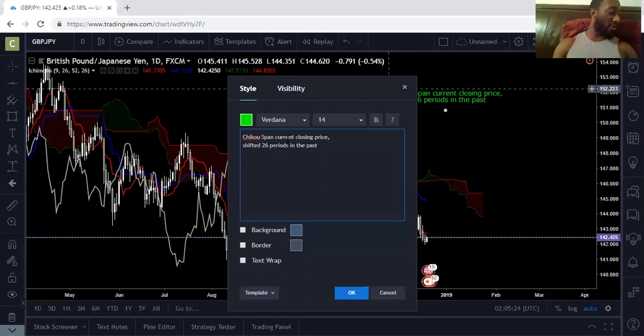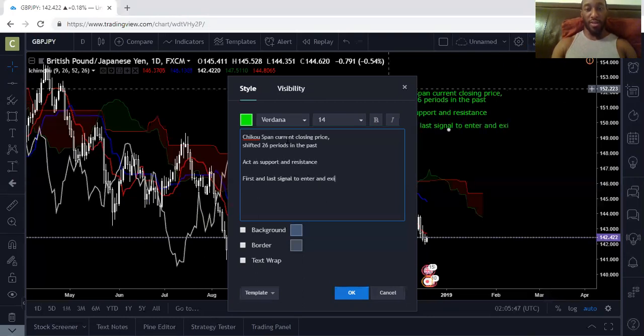Right, and it also acts as support and resistance, and the first and last signal to enter and exit a trade.